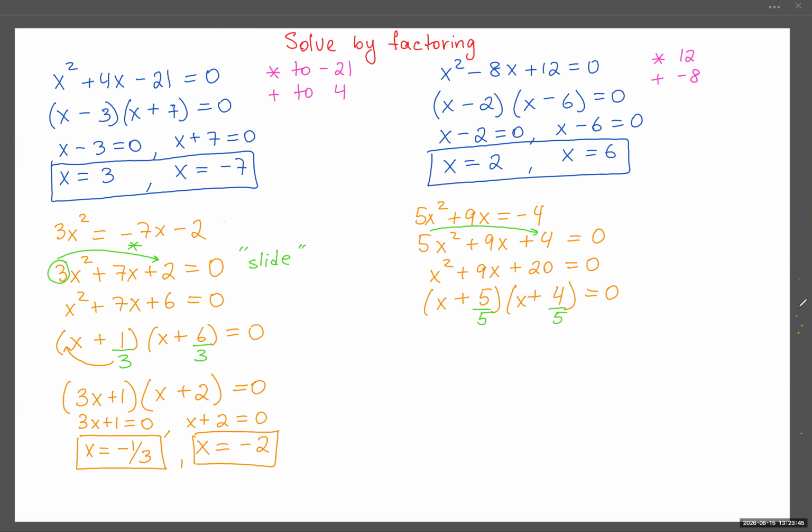So the first parenthesis is great, x plus 1. The second parenthesis, I'll tuck this denominator in front of the x: 5x plus 4 equals 0. Now, zero factor property: x plus 1 equals 0, so x equals negative 1. And 5x plus 4 equals 0, so x equals negative 4 over 5.